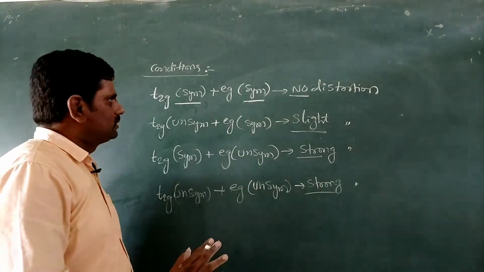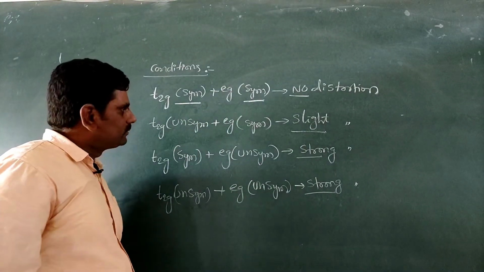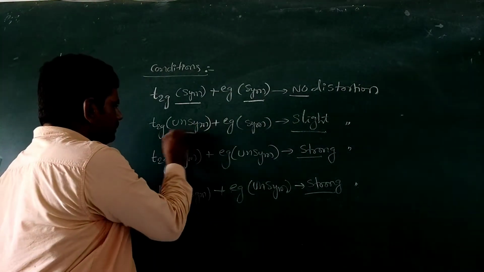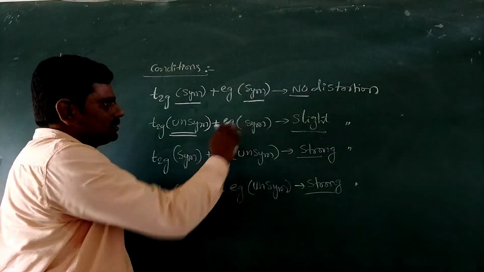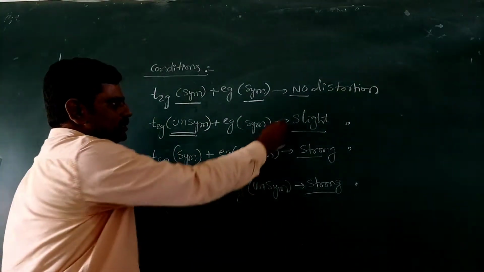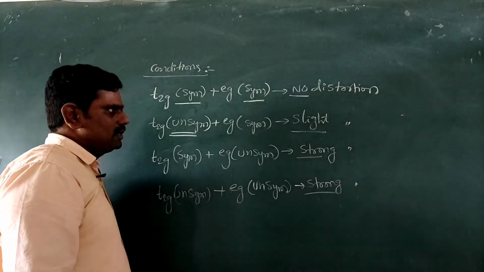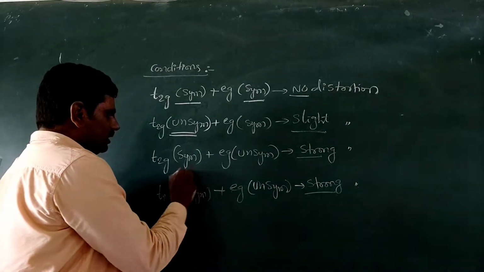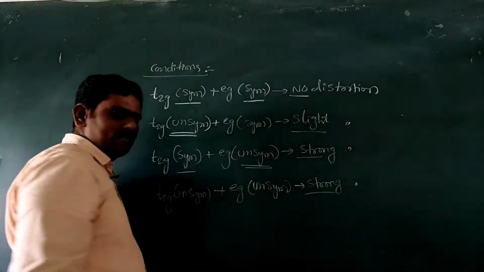If T2g is unsymmetric, meaning the lower energy state is unsymmetric and the higher energy state is symmetric, we expect a slight distortion.